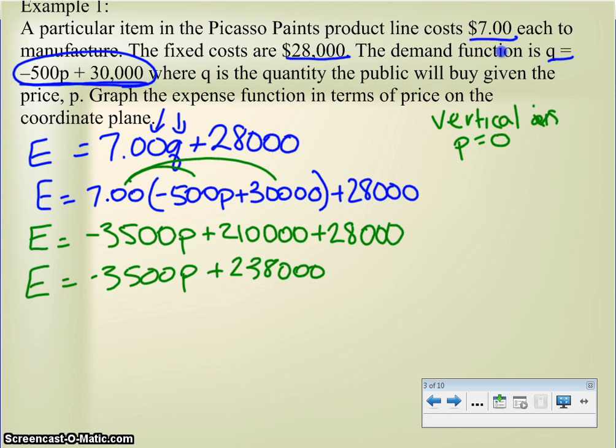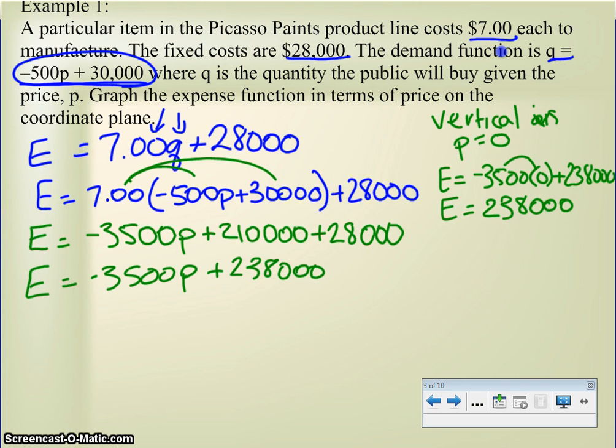When we plug into our equation, we get expense equals negative 3,500 times 0 plus 238,000. Well, 3,500 times 0 is 0, so I know my vertical axis, or y-axis, intercept is going to be 238,000.